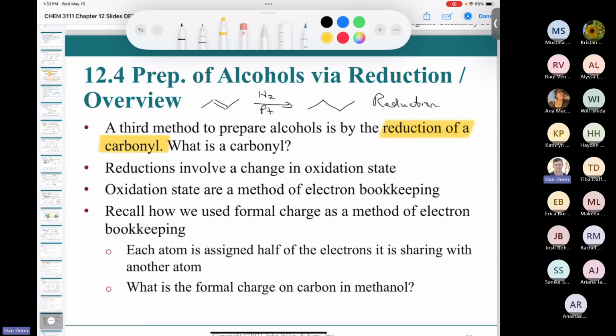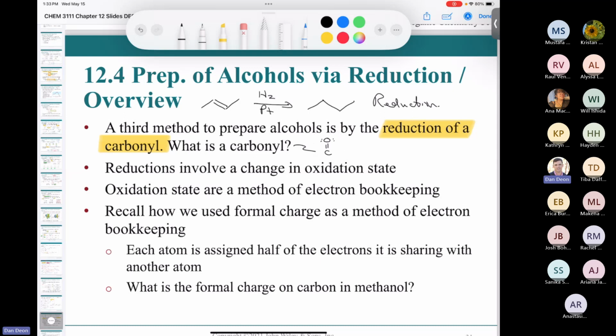Now if you don't remember what a carbonyl is, carbonyls are present in many functional groups: ketones, aldehydes, carboxylic acids, esters, amides, etc. A carbonyl is really just a carbon with a double bond to oxygen, like that. Like I said, carbonyls are found in all kinds of different functional groups, but it's the reduction of a carbonyl.